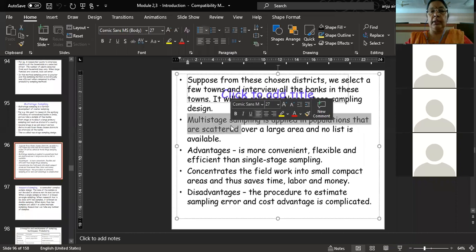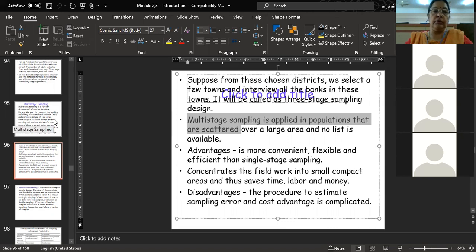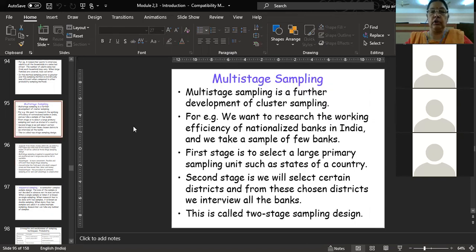So this is called as multi-stage sampling technique in cluster sampling for those populations which is spread out, which is scattered over a large area, and you don't have a list of the population. So you want to study the efficiency of nationalized banks in India. So India is a large area.